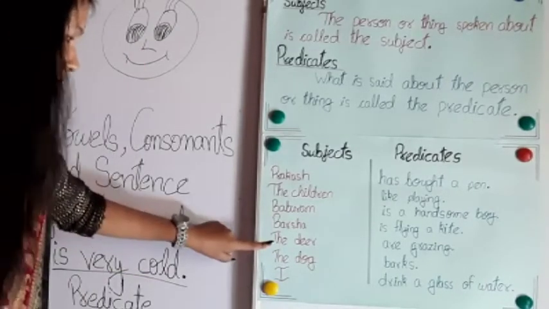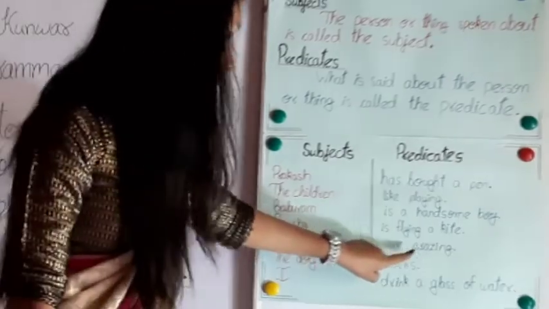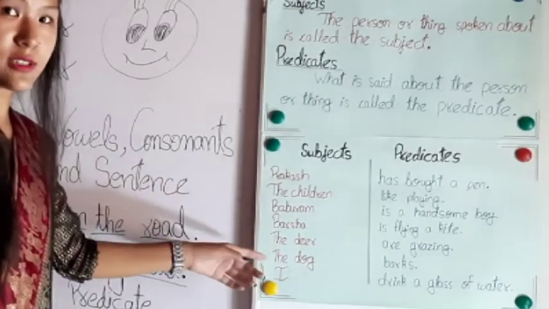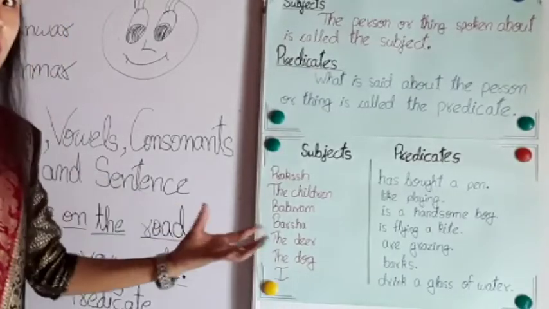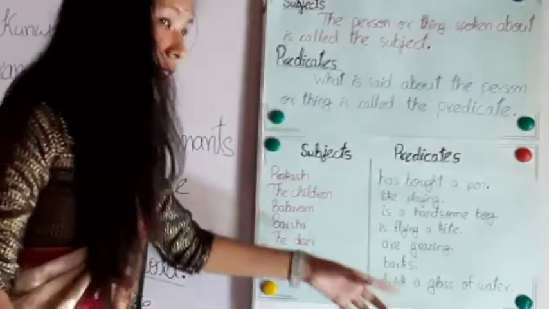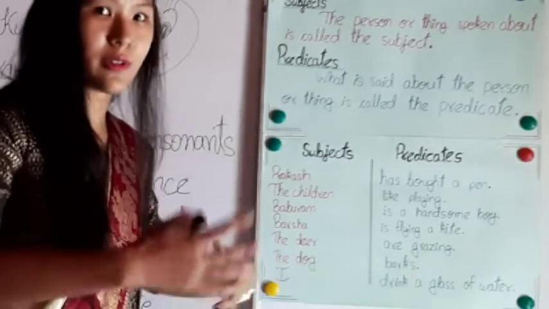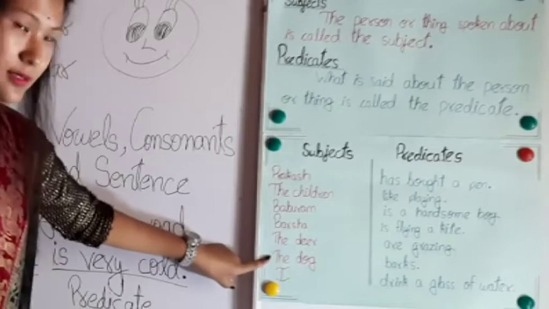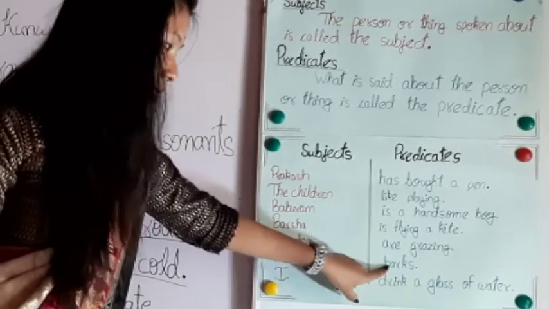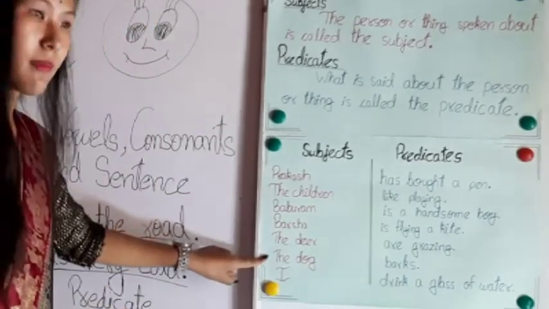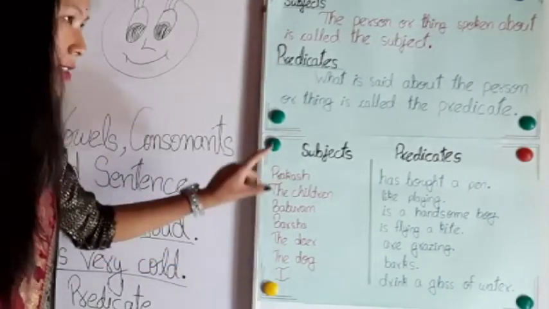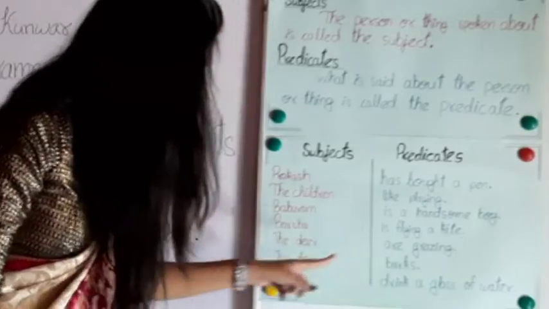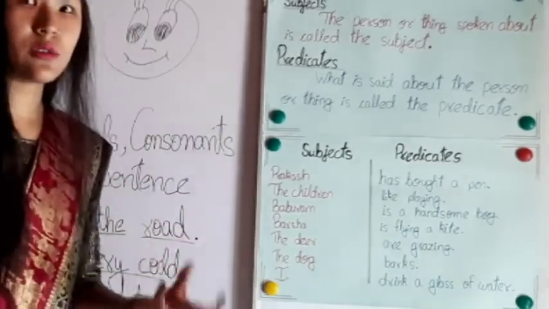Next, the deer are grazing. In this sentence we are talking about deer and what deer are doing. Deer are grazing in the field or wherever. Second last, the dog barks. Yes, the dog barks. The dog is the subject here. In this sentence we are talking about the dog and what the dog is doing.